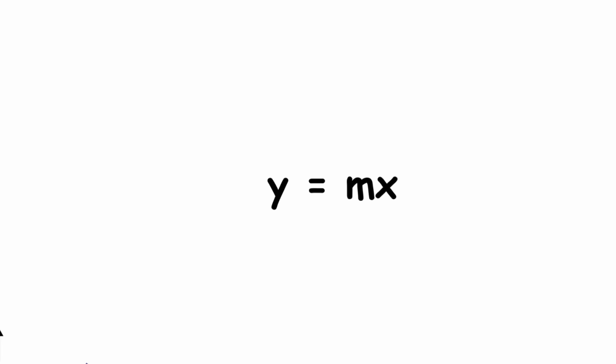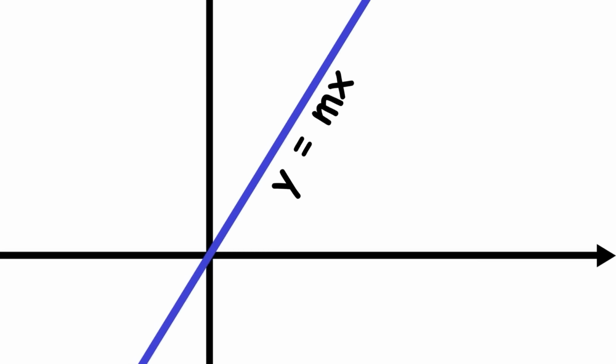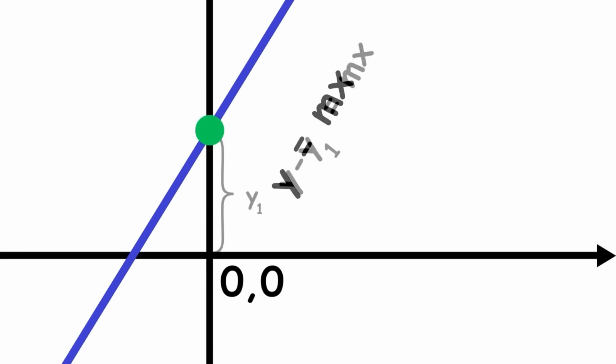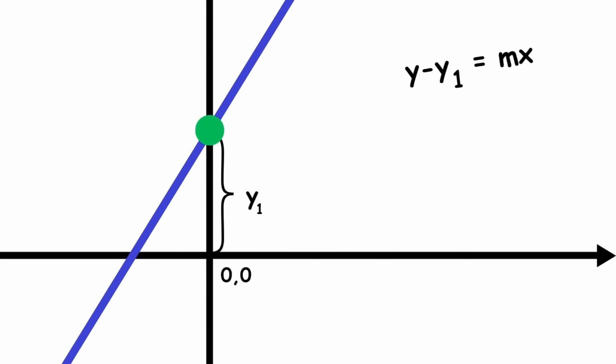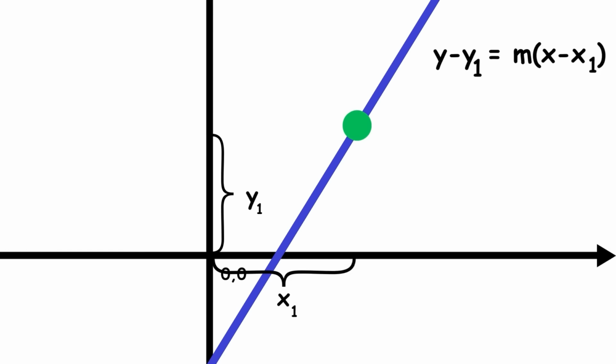We begin with the equation y equals mx, which gives us a line of slope m passing through the origin. We can shift it vertically by y1 by replacing y with y minus y1. Y minus y1 equals mx. Then we can shift it horizontally by x1 by replacing x with x minus x1.